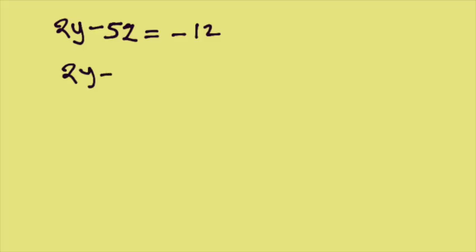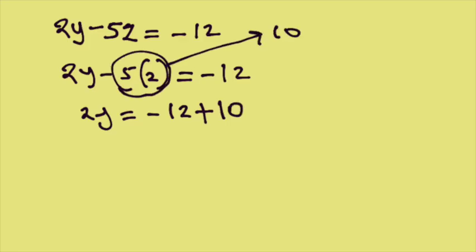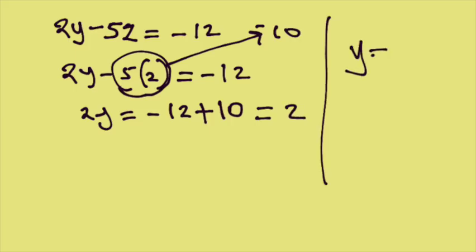We know z is 2. That would mean y is equal to negative 12 plus 10, because this is 10 and it's negative, so when you take it to the other side, it will be positive. So that means y will be 2 over 2. That gives you 1.